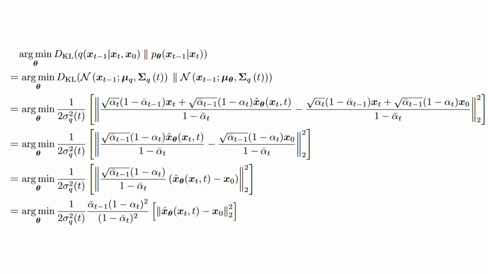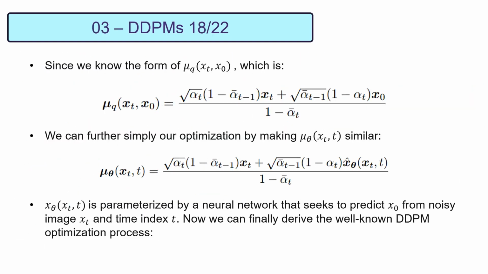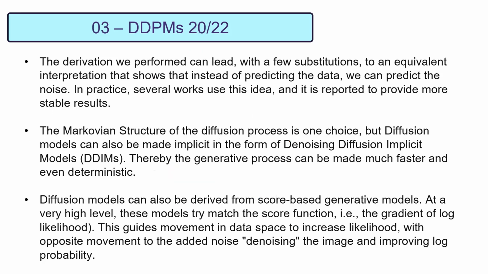If you change this expression here, you can understand that x_t can be expressed as a reparametrization using an arbitrary Gaussian variable, as we did in the beginning when we derived alpha bar. So at x0, you have basically a noise variable, which essentially means no noise. So the objective function can change with a few substitutions.